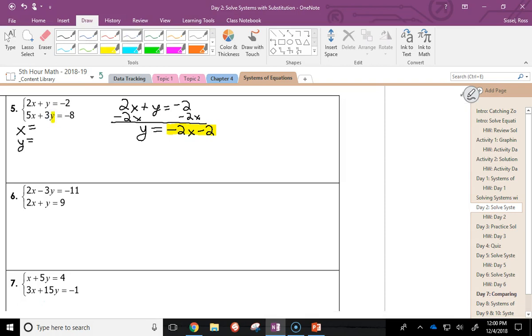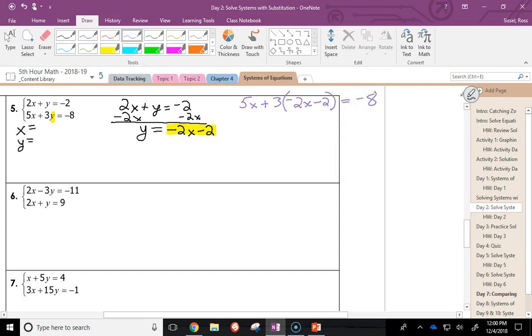I can now substitute negative 2x minus 2 in for y. So I'll go to my second equation. 5x plus 3 times, this becomes a distributive property. Negative 2x minus 2 equals negative 2. Oops, I went to the wrong equation. Sorry. Equals negative 8.